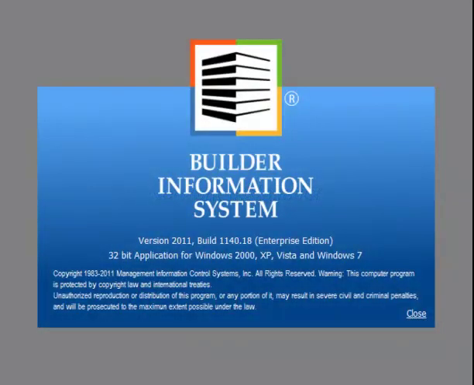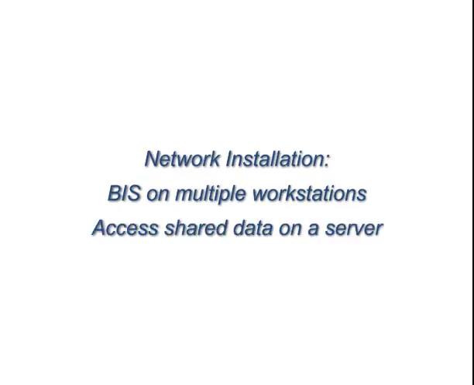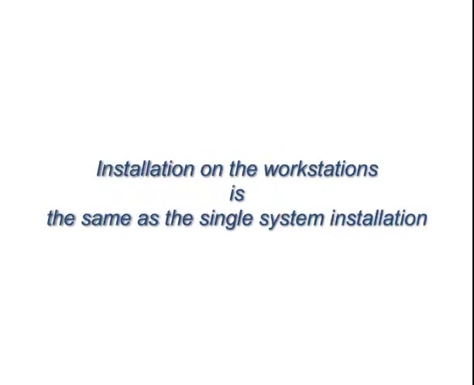Network installation. The most common configuration for running BIS in a business environment is a network installation capable of having BIS on multiple workstations that access shared data which resides on a standalone server.